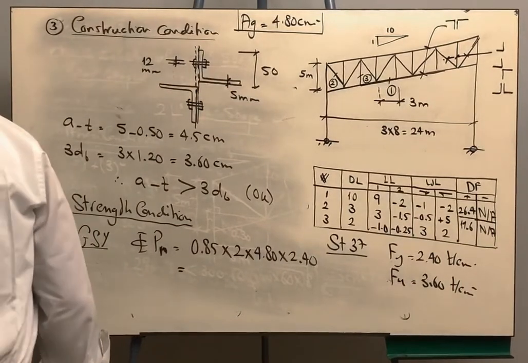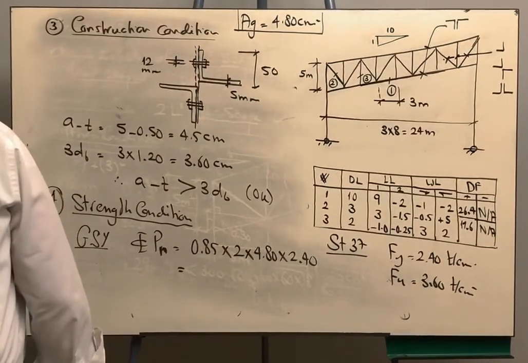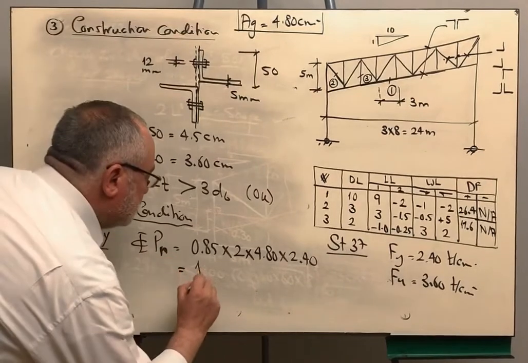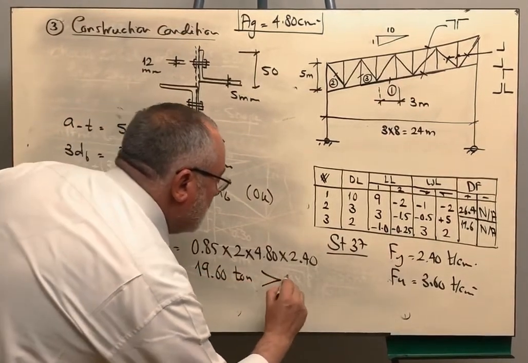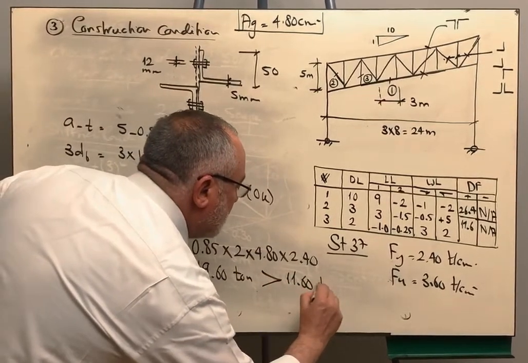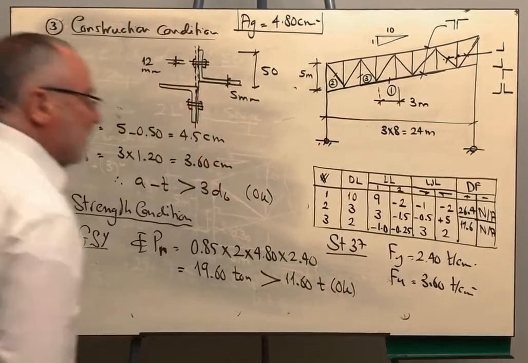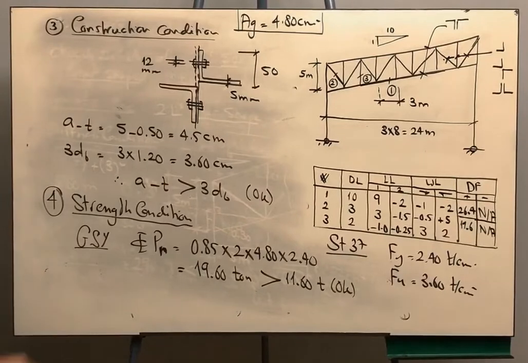So if you calculated this, you will find that the value is 19.6 ton. This is bigger than 11.6 ton, therefore it is okay. We checked for the gross section yielding and for the construction condition, and it's fine. There remains for us the net section fracture.